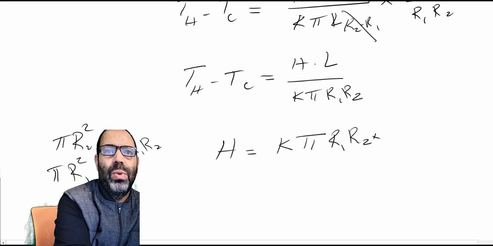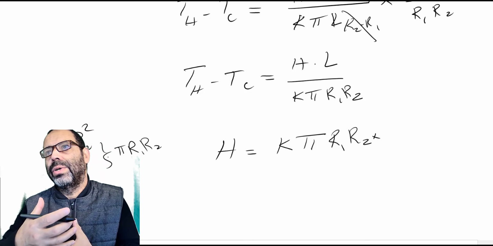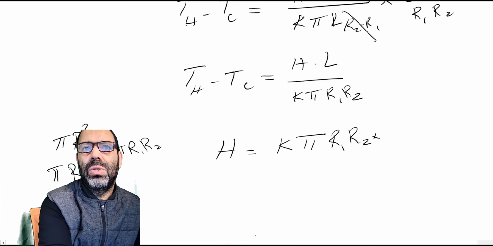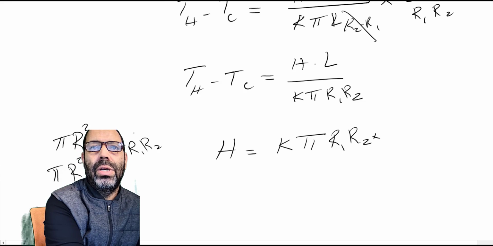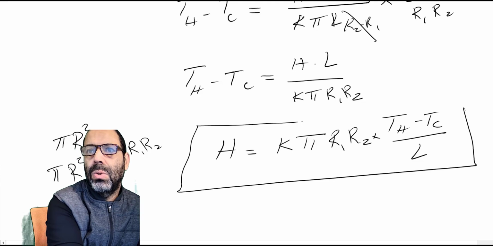In other words, it reduces to one of them if this all of a sudden becomes a cylinder of radius one or the other. So if r1 is equal to r2, we get back the old result that we know. Times, of course, the difference in temperature between the outer and the inner divided by the length in this case. Exactly how it's supposed to work.